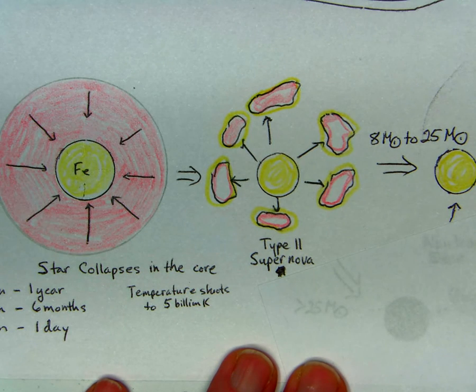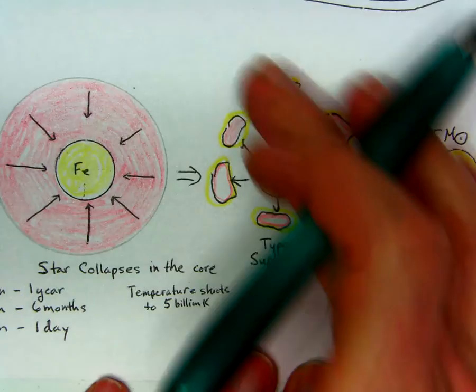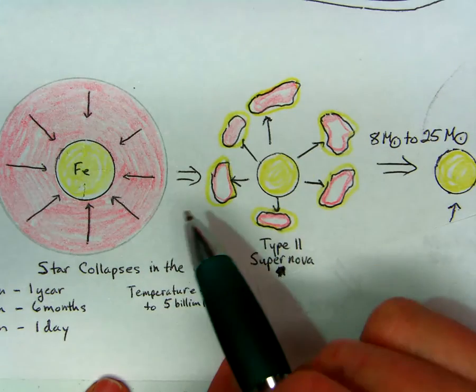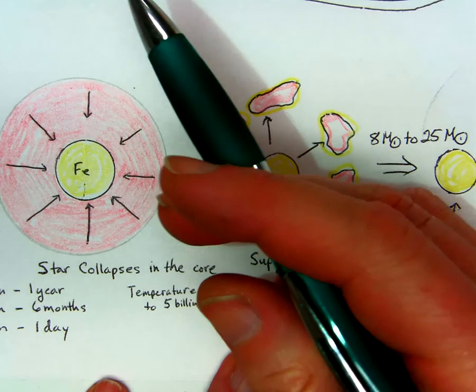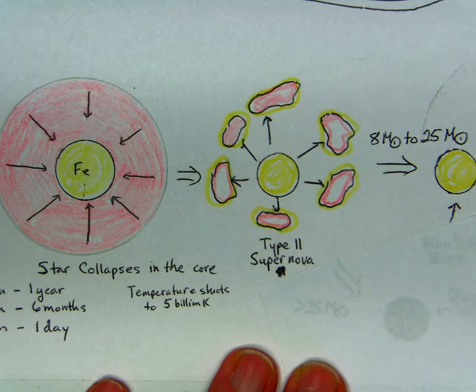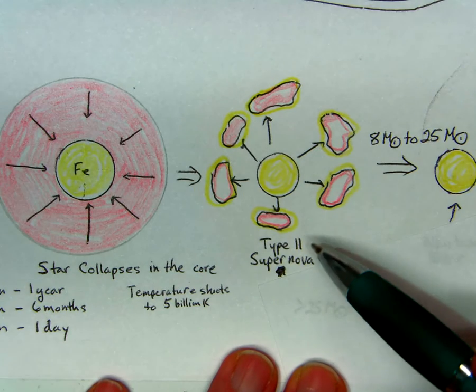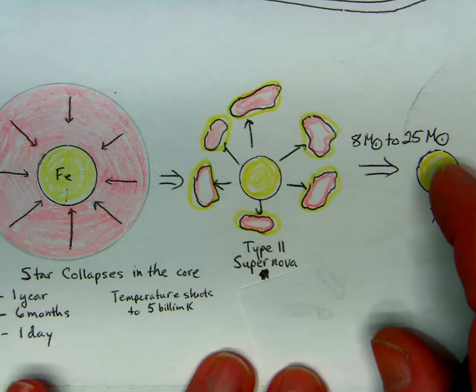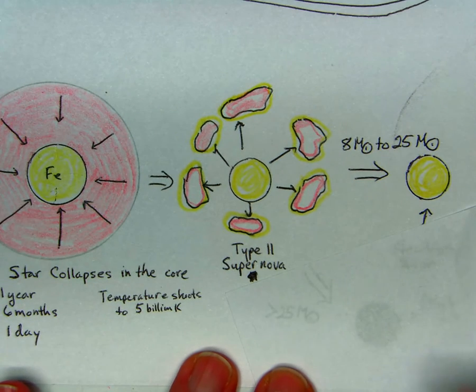Basically, it explodes. You've got a lot of this gas rushing in, the temperature shooting way up. That temperature shooting way up provides a lot of pressure going out, so it creates an explosion, which is a type 2 supernova.